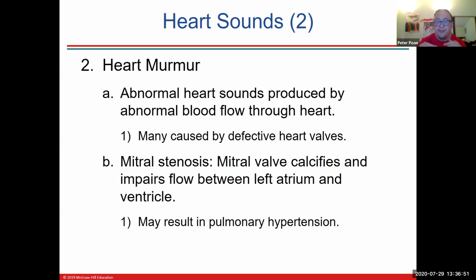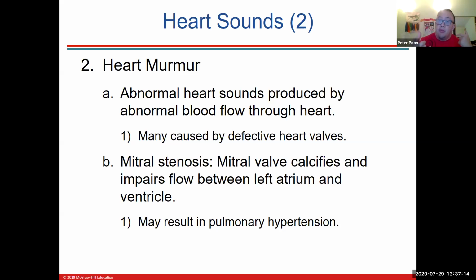Heart murmurs are abnormal heart sounds produced by blood flow. Mitral stenosis is when the mitral valve calcifies and impairs flow between the left atrium and ventricle, and it results in pulmonary hypertension.